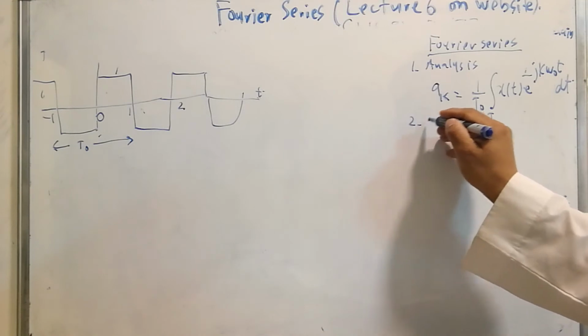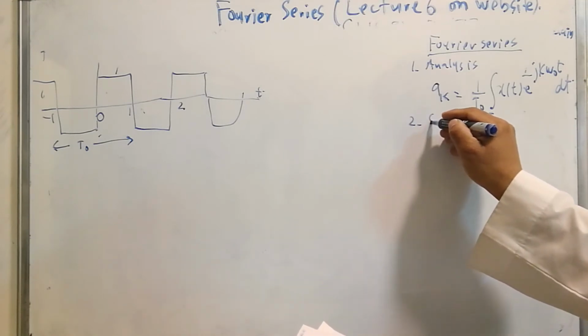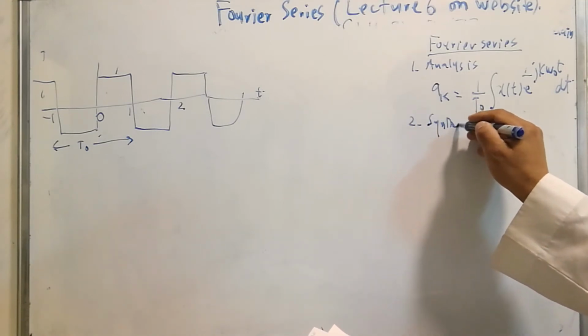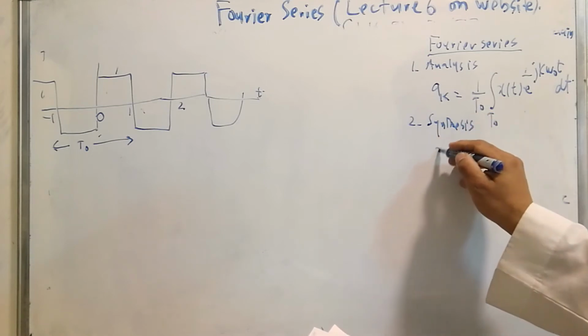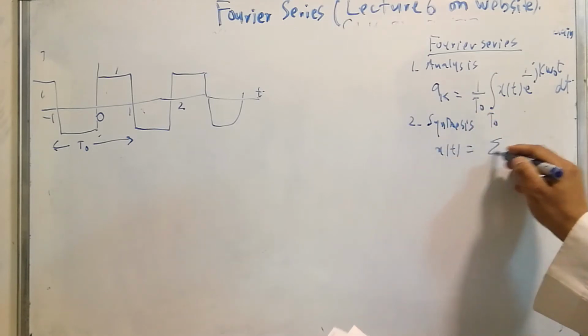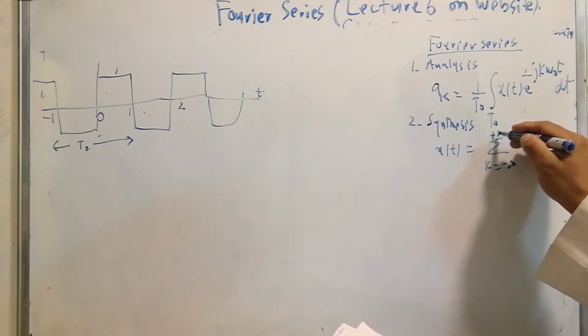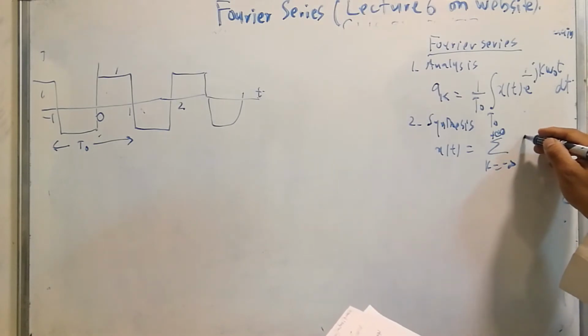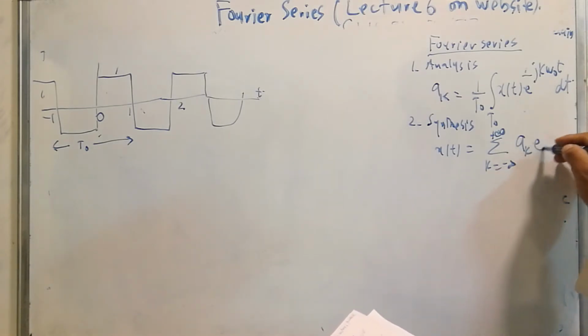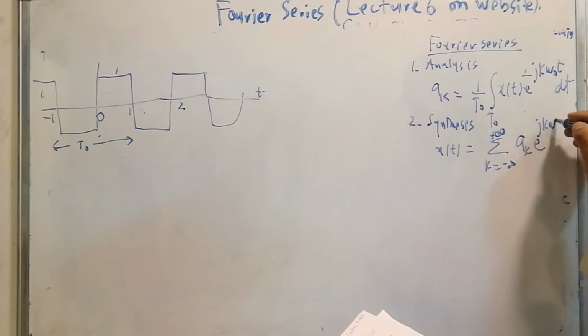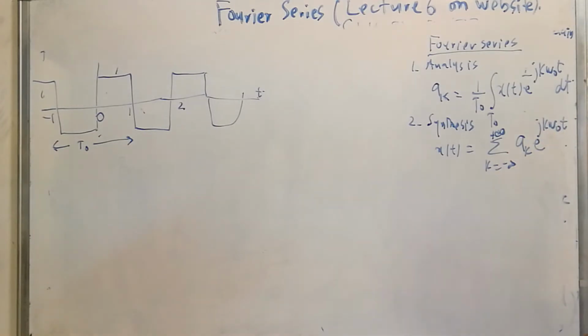And the second part is called the synthesis part, in which we write it in the form of a series. So x of t is equal to the summation of all these AKs, from minus infinity to infinity, AK e raised to the power j k omega naught t. So these are the 2 steps in finding the Fourier series.